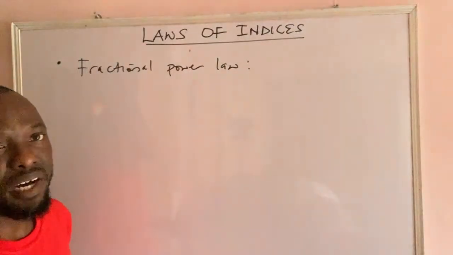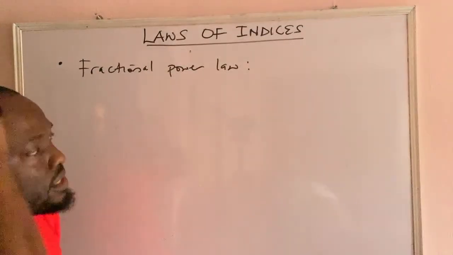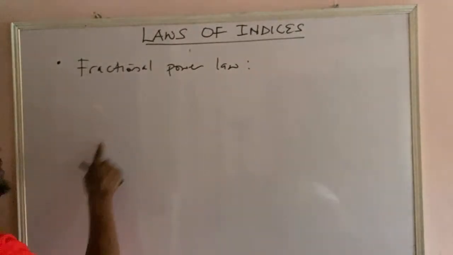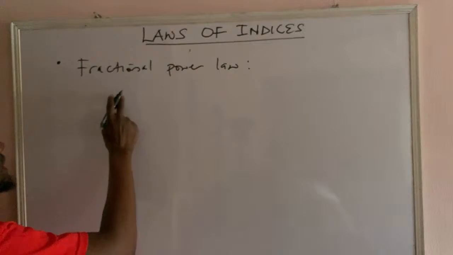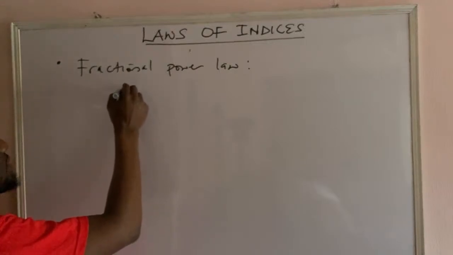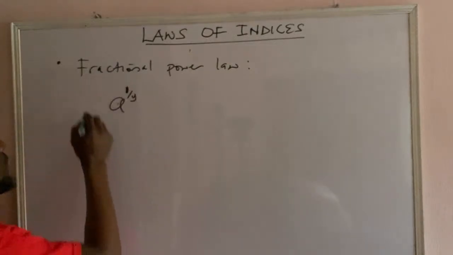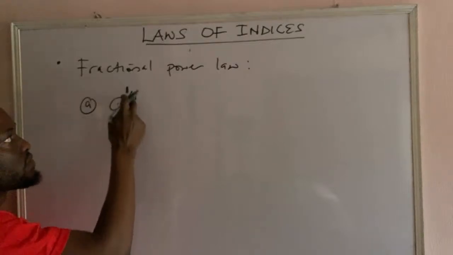For the fractional power law, there are two forms of it. The first is where you have a denominator, and your numerator is 1 over y.